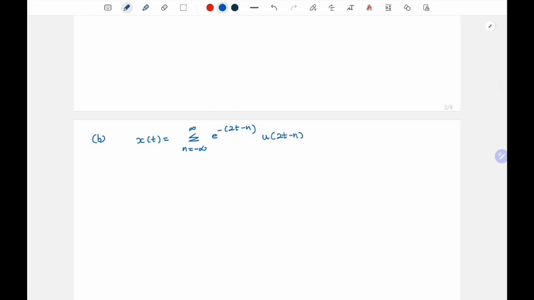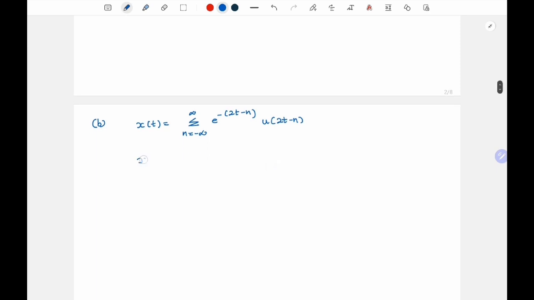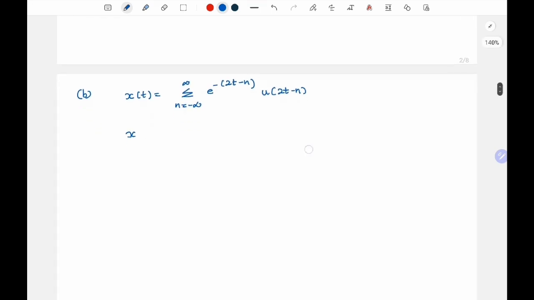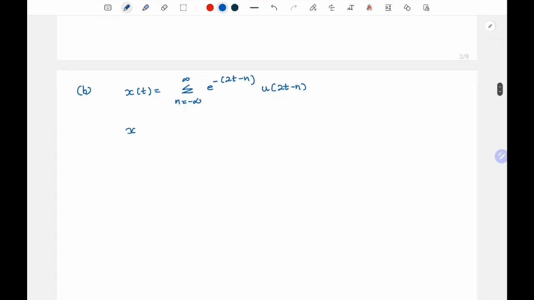Okay. So now again we'll just check whether it is periodic or not periodic. And for your sake, you can just try to guess before starting the question. Okay, if you have made your guess, let's then proceed. So let's just find x of t plus t naught.